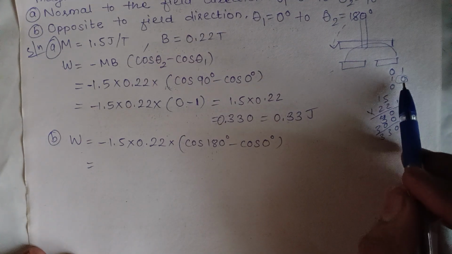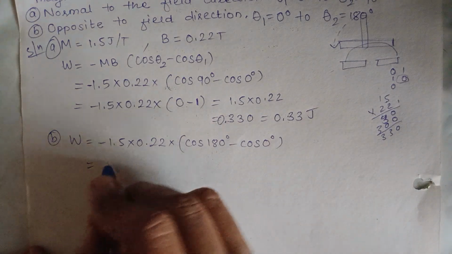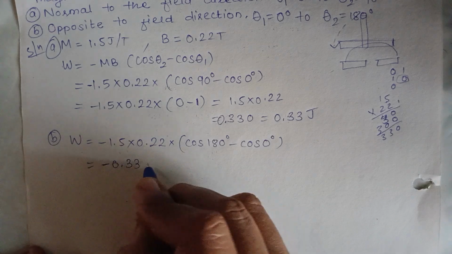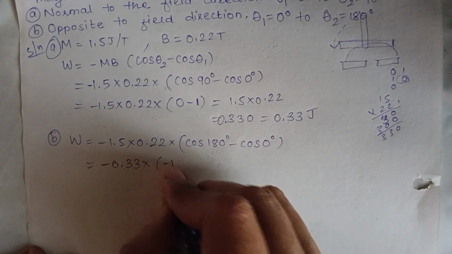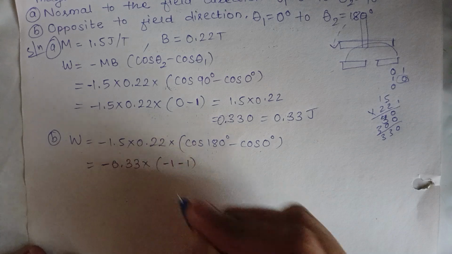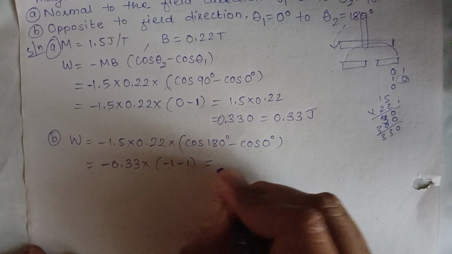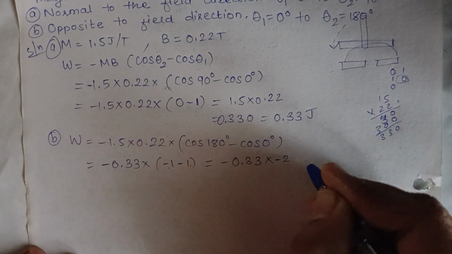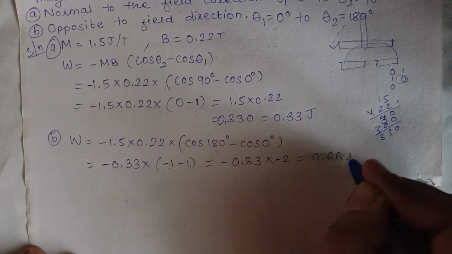So whenever you have a 1 in 0, you will have a minus 1 in 180. So this we got as 0.33. Cos 180 is minus 1. This is 1 and this is minus 1. So it becomes minus 2. So 0.66 joules.